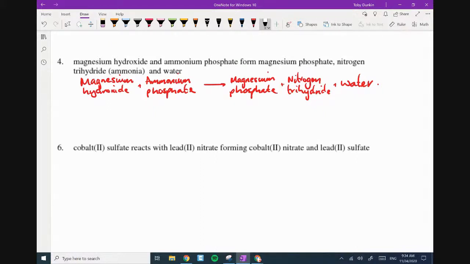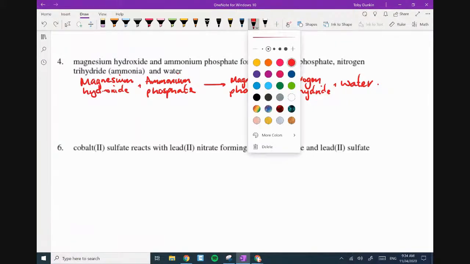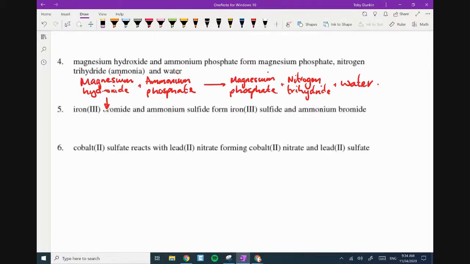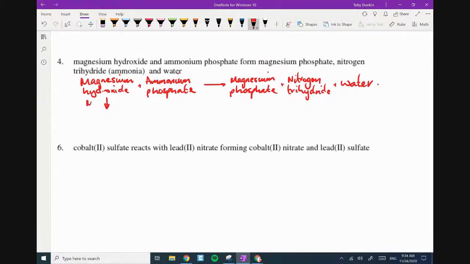So now we're going to translate this out. Right. So magnesium hydroxide ions. There are issues I'm having here, guys. Just want to show you this properly. So Mg2+ and OH-, crossing down: Mg(OH)2.